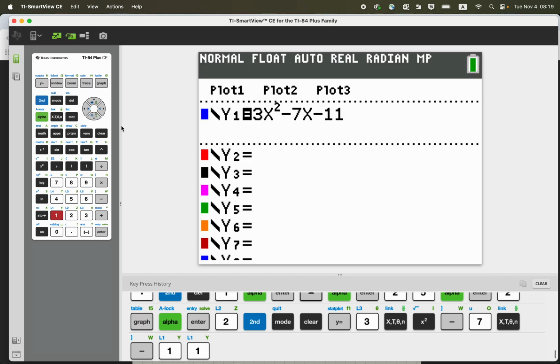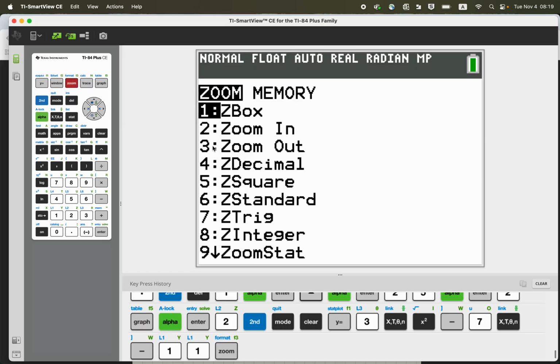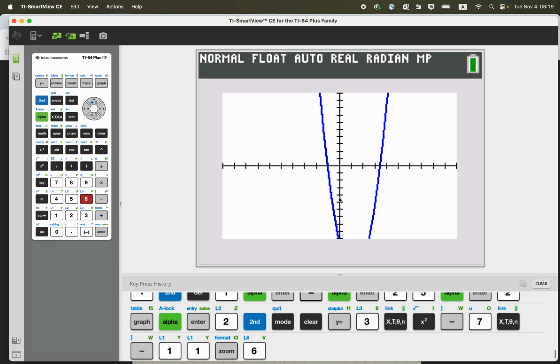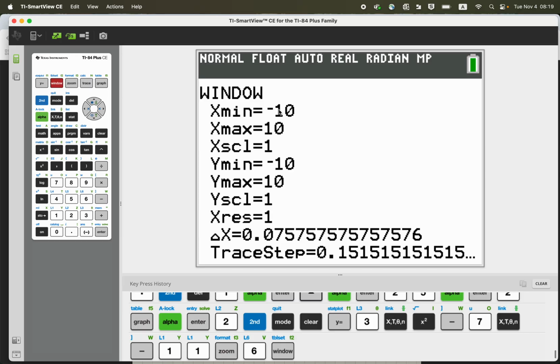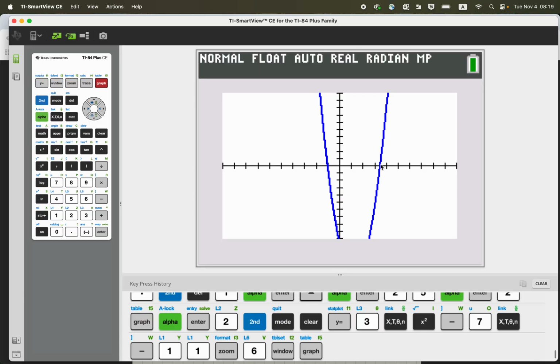Now what I like to do when I'm graphing is by default do a zoom 6. That gives you a zoom standard window. If we push window here, you can see the zoom standard has x values of -10 to 10 with a scale, or tick mark, of 1. Same thing for y. Now if I go back and look at this, I can see the zeros, I can see the direction, but I can't see the vertex.